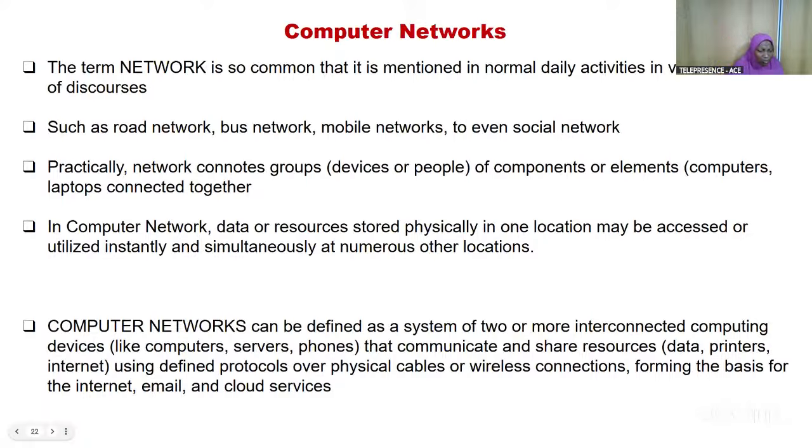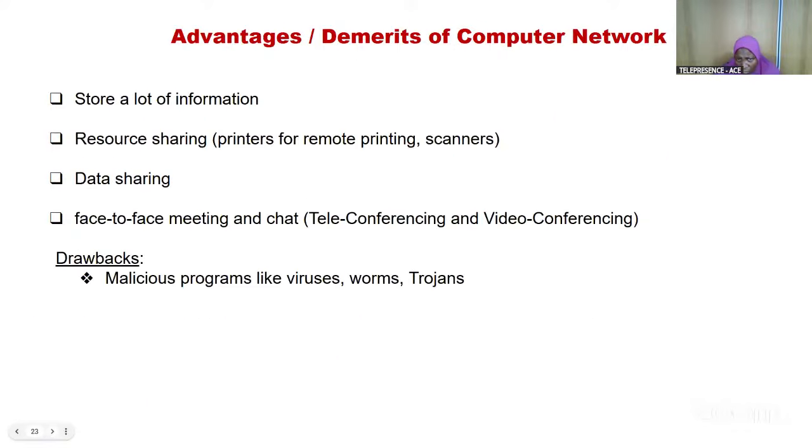So this is one of the important concepts that you should be familiar with as one of the key players in office automation. When you have a computer network, you're able to share resources. This is an advantage. You're able to share data. You're able to do video conferencing, teleconferencing, and so on.